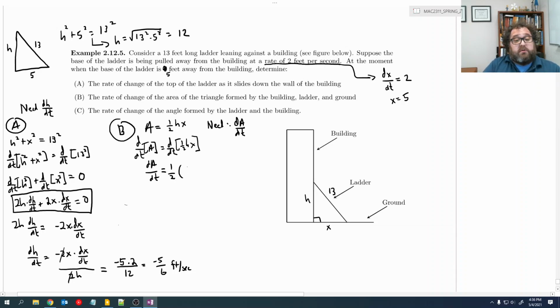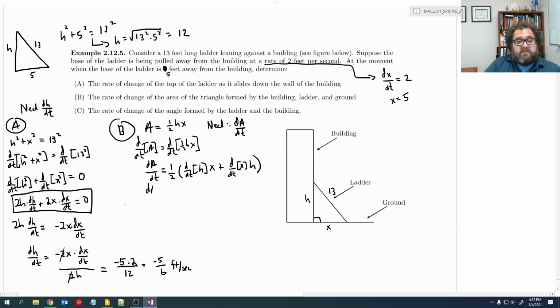1/2 is going to be factored out, open some parentheses, and then we're going to use the product rule. So you do the derivative with respect to t of the first function h times the second function x, plus the derivative with respect to t of the second function x times the first function h.